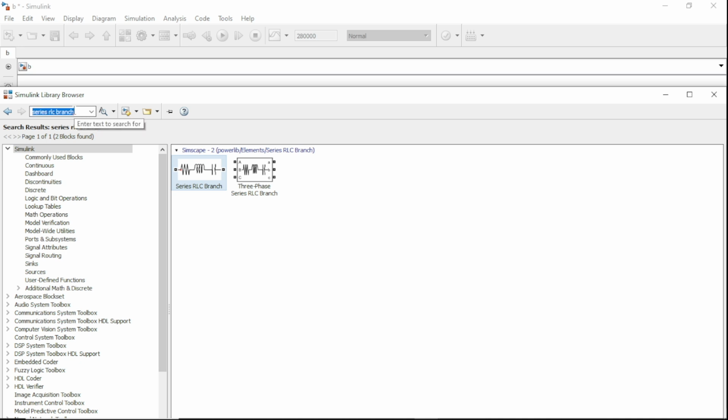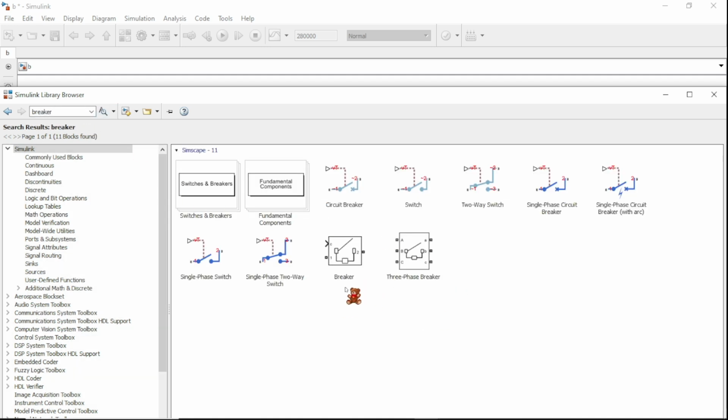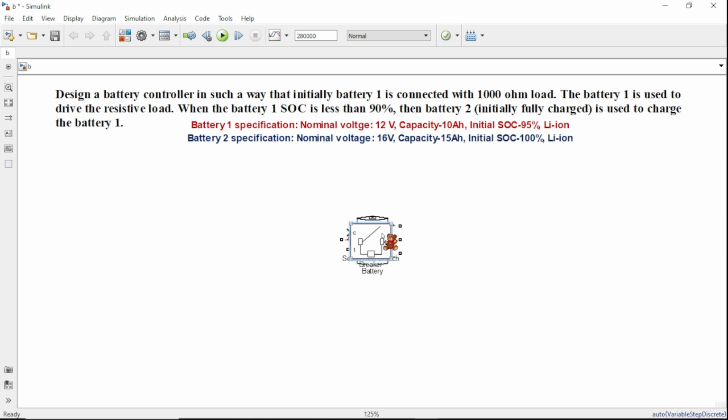Next I am taking the switching, so here I am using the breaker. This is the basic component.